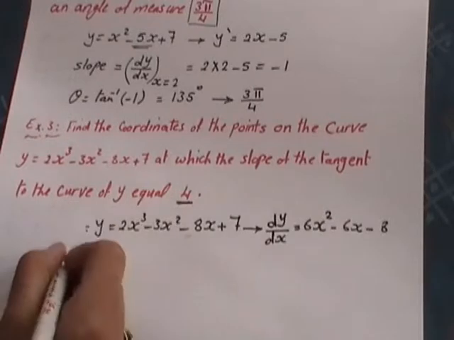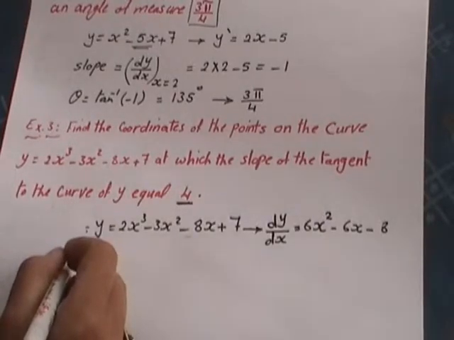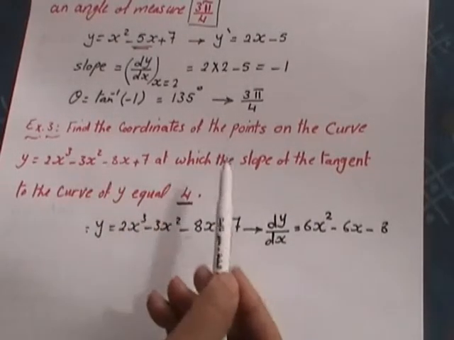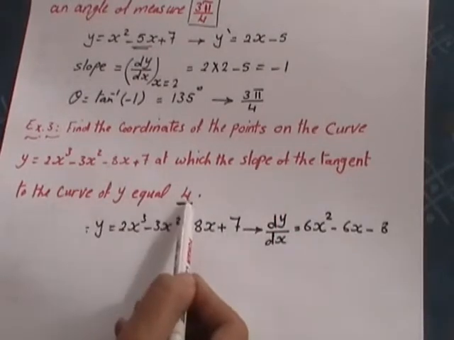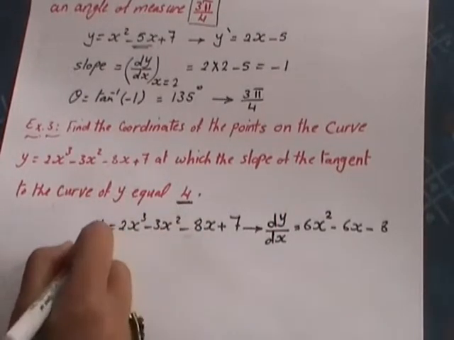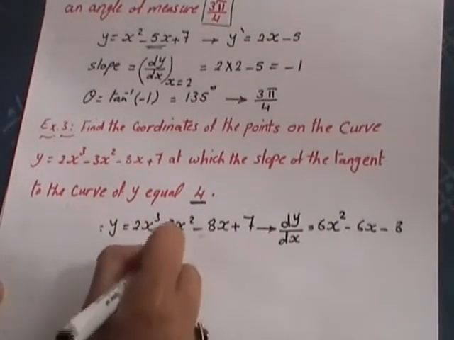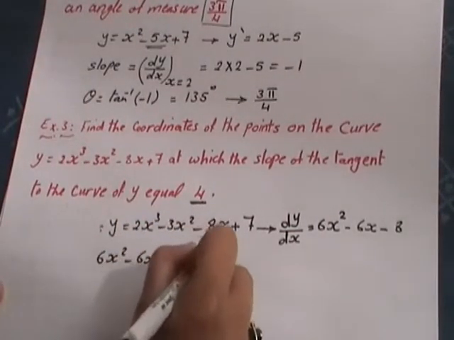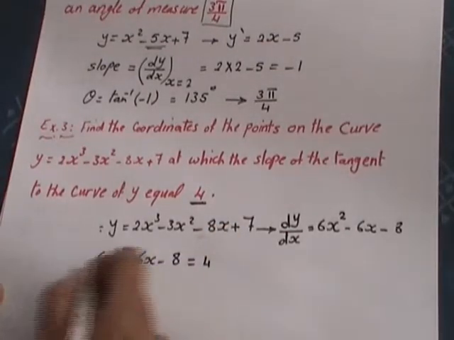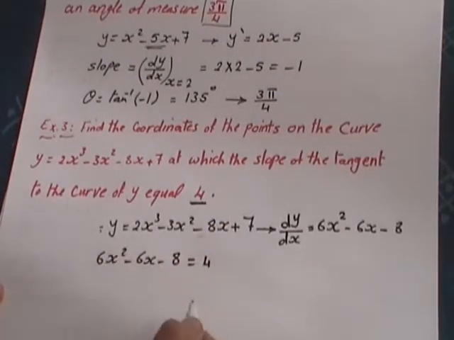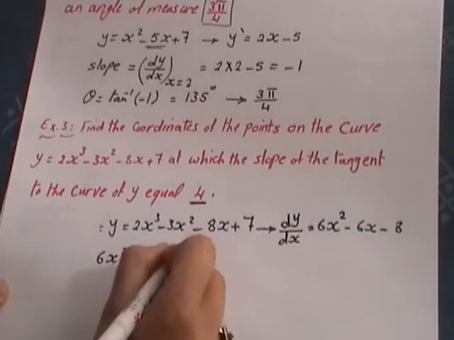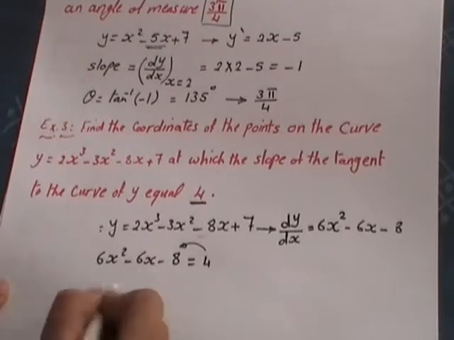So we get the slope of this function, and the slope equals 4. So we put this equation: 6x squared minus 6x minus 8 equals 4. And we solve this equation to find the value of x. How do we solve it? We collect the like terms on the same side of the equation, like 4 and 8.